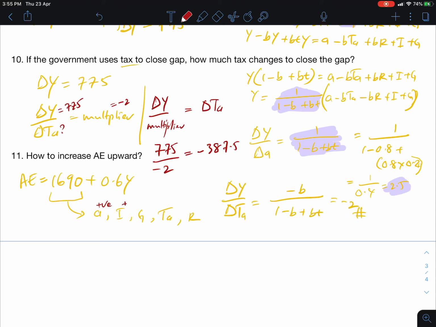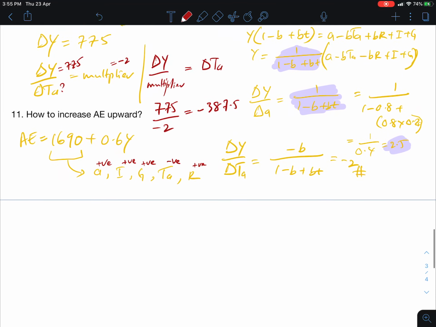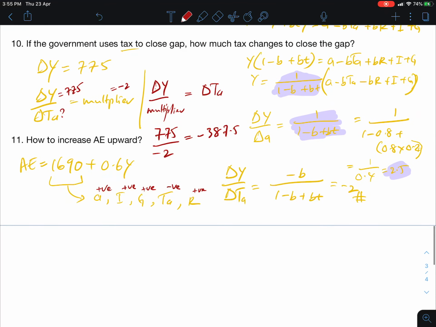I investment positif, government ni positif, lump sum tax negatif, maksud kena reduce untuk tingkatkan AE. R adalah positif. Itulah faktor-faktor. Semua ini akan memberi kesan kepada perubahan AE upward, downward secara selari. Okey, itu saja. Jumpa lagi.